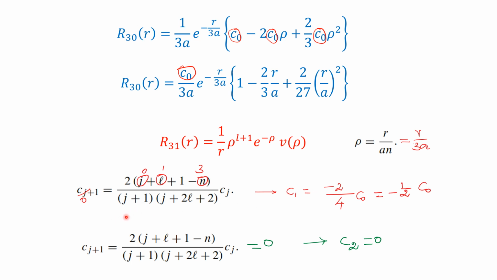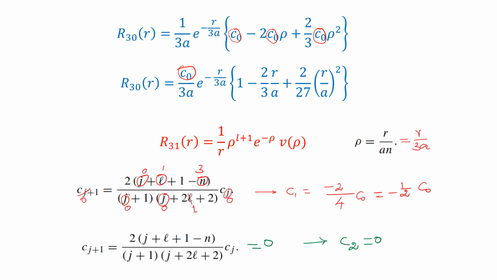Now we will see the denominator. Here also j is equal to 0, and L is 1. So this will become 2 plus 2, 4. So I have written the denominator as 4.